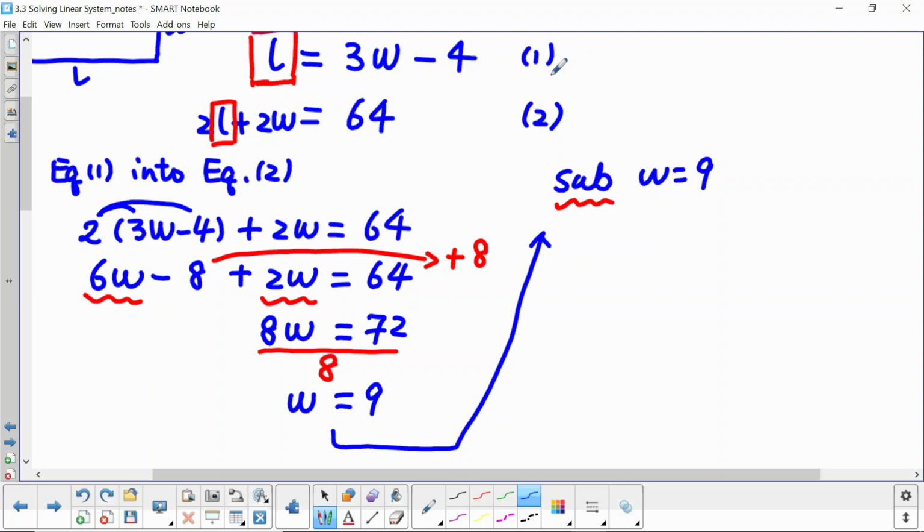We could substitute W equals 9 into equation 1 or equation 2, but because in equation 1 the L is isolated, we are going to sub W equals 9 into equation 1, then we can find the L value easily.